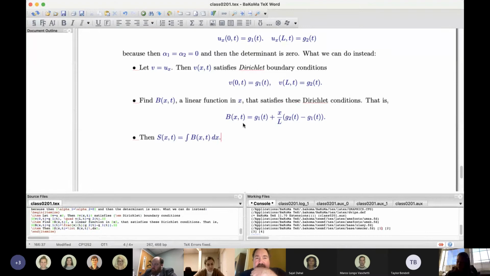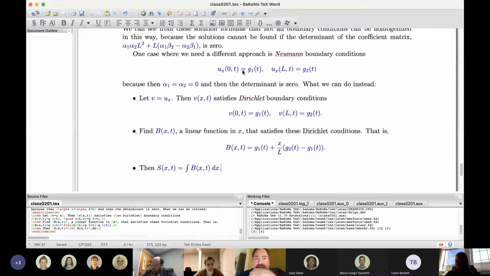So in other words, when you have these boundary conditions, there is no linear function in x that would satisfy these, which makes sense because if we have a linear function that is u, then du/dx is a constant. And you're not going to have a constant function satisfy these conditions. If g1 and g2 happen to be the same constant value, we could do that, but that's the only possibility. So what we do instead is be more flexible.